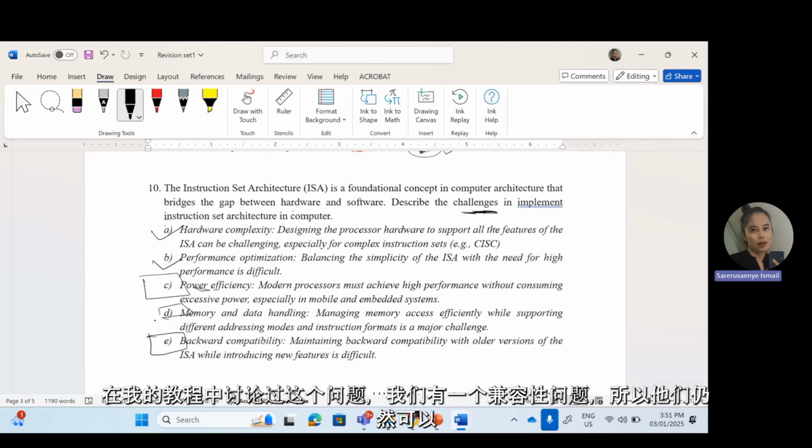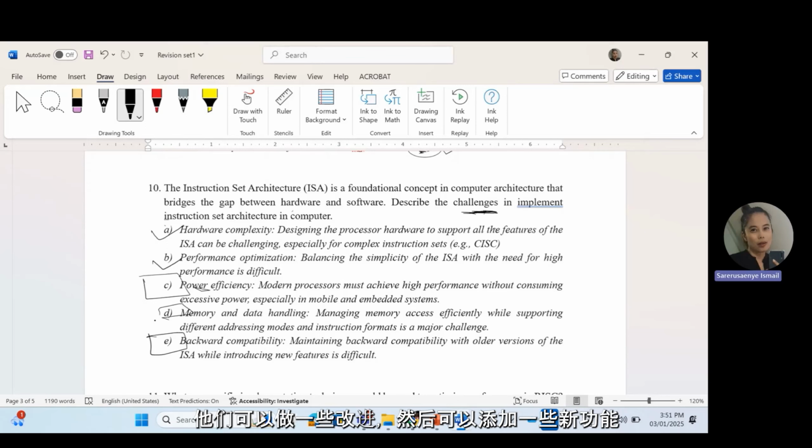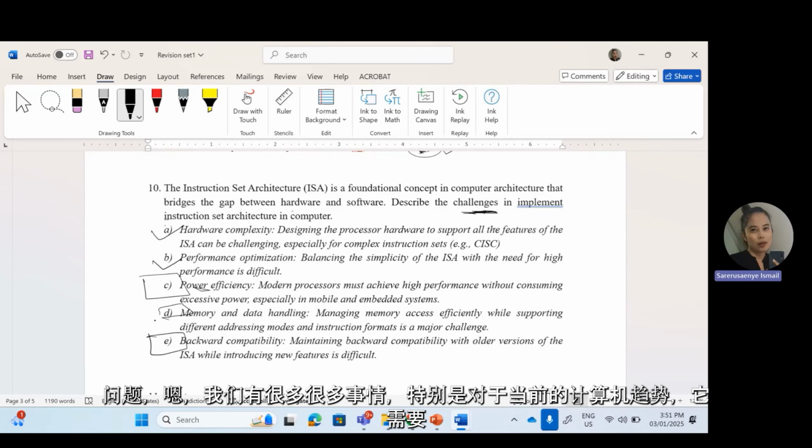Still, they can make improvements and add certain new features, for example multi-thread processors and SMP processors. If there are challenges, we call them weaknesses or disadvantages. So the new version, when we talk about backward compatibility, will update and try to overcome the problem. So we have many things, especially for current computer trends.